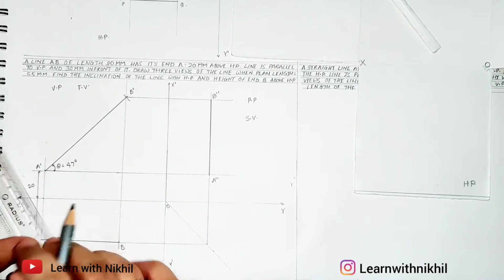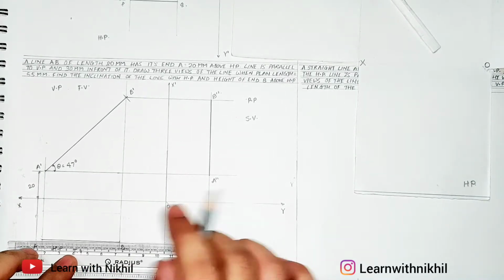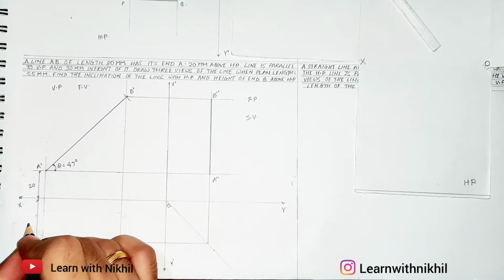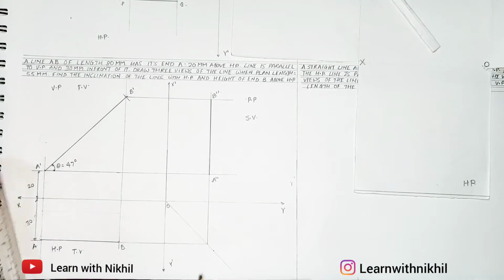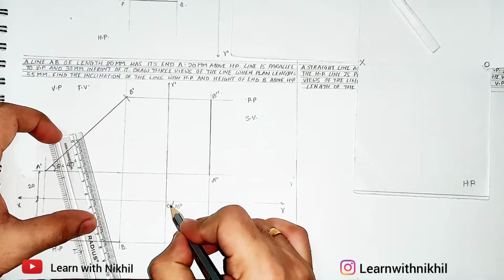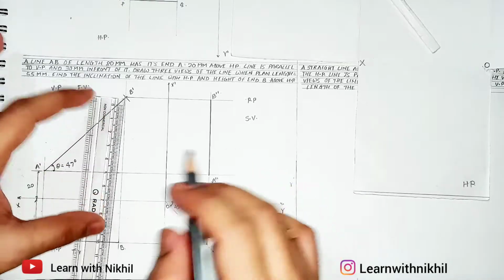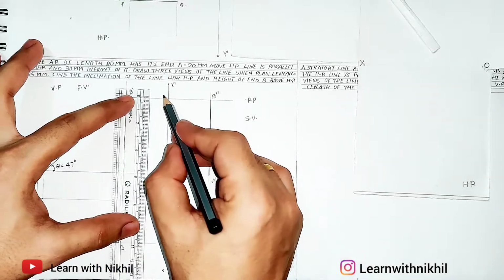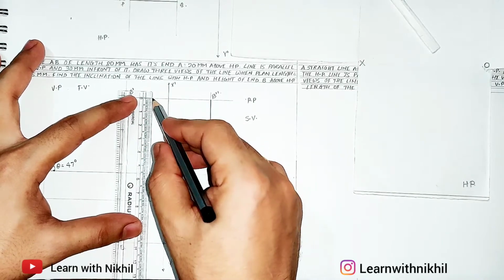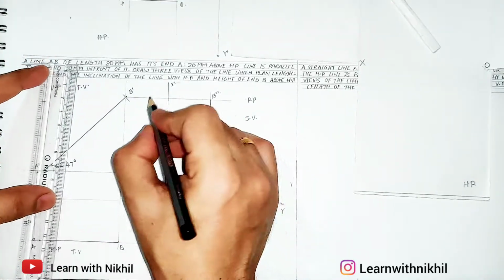This distance is 20. This is 30. This angle is 45. I have to find out the height of the point B, which is above HP. So this is the length we have to find out.